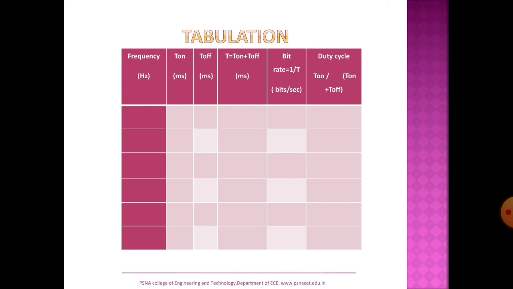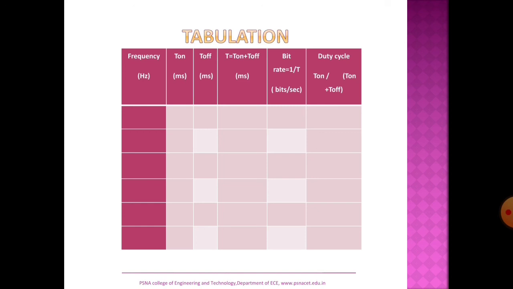The bit rate is inversely proportional to T, that is, it is equal to 1 by the total time period. So we are going to calculate the bit rate. Then from the value of T on and the bit rate we can calculate the value of duty cycle.